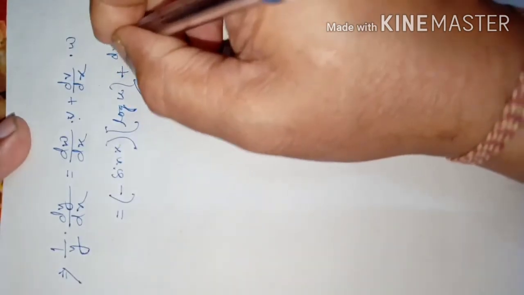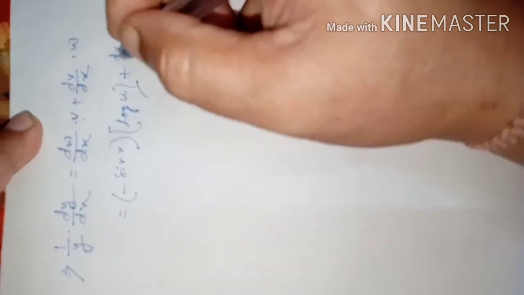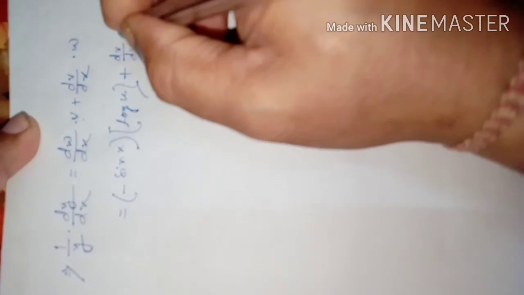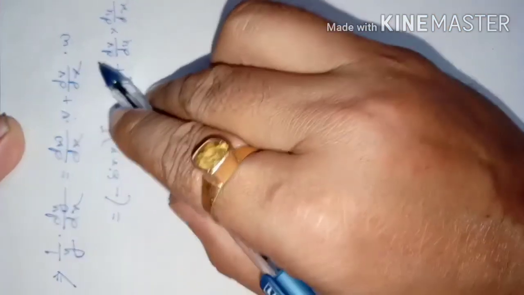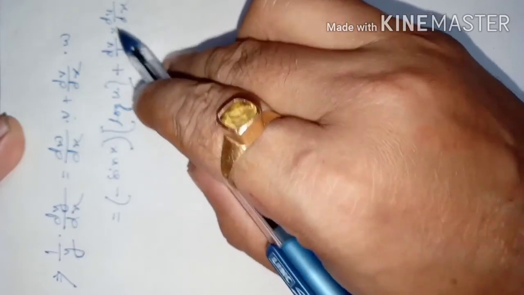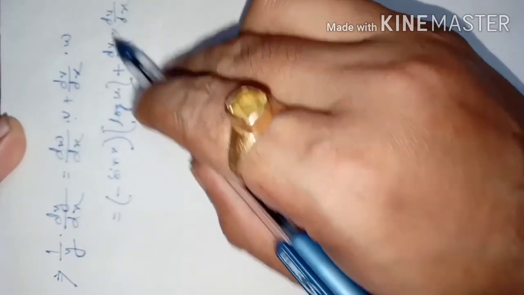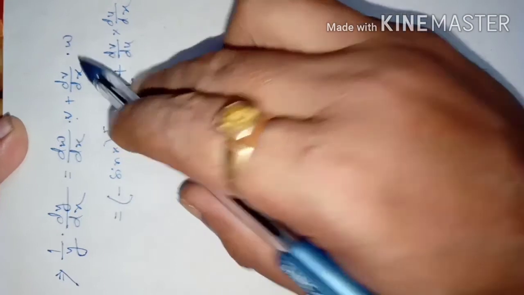Then dv by dx you don't have, but you can create it like this. dv by du you have, dv by du into du by dx, then du cancels, giving dv by dx, into w. w here is cos x.